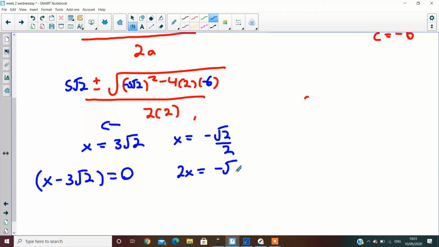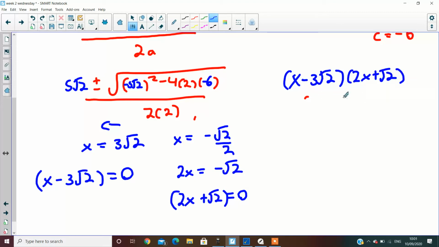2x equals minus root 2. And what do I do with the minus root 2? I get 2x plus root 2 equals 0. And what can I do with these two brackets then? Put them beside each other. Everybody cool with that?